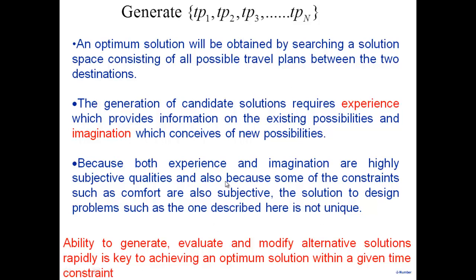Although I'm talking in terms of travel plans, these are central to all design: your ability to generate, evaluate whether it meets my time, money, and all those constraints, and then rapidly modify.